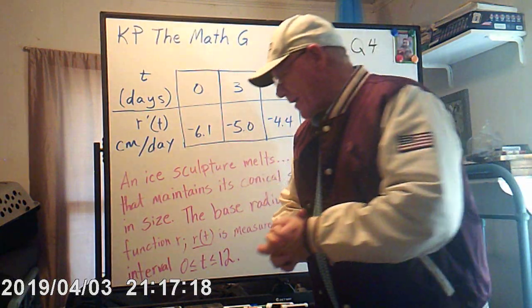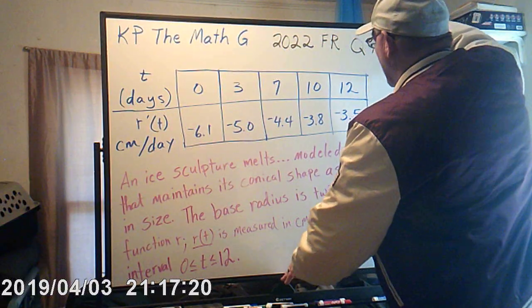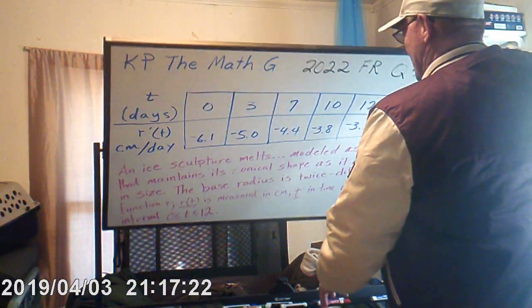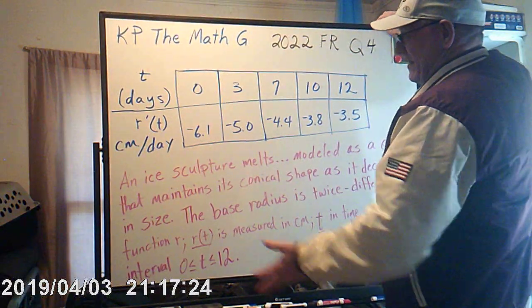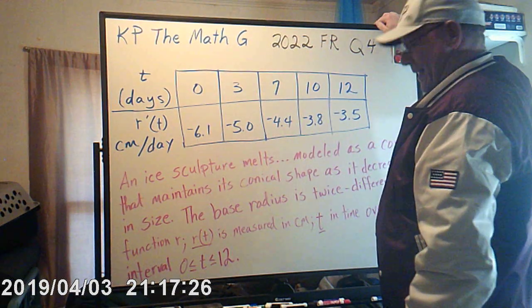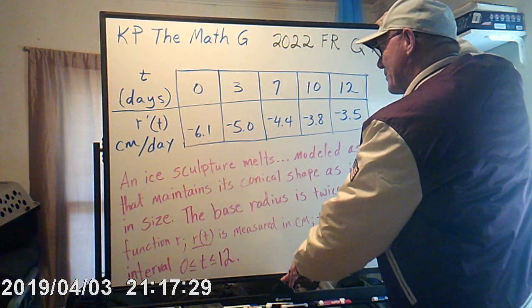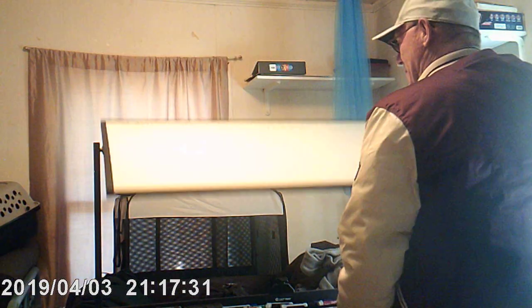So let's take a look at this problem here. We're just going to have to flip back and forth. My board is just not big enough. Let's look at the question.